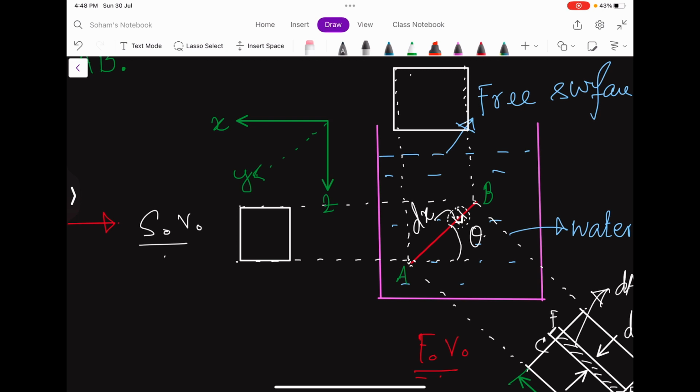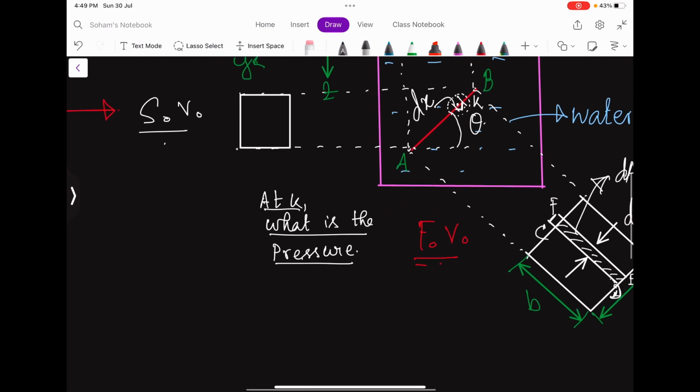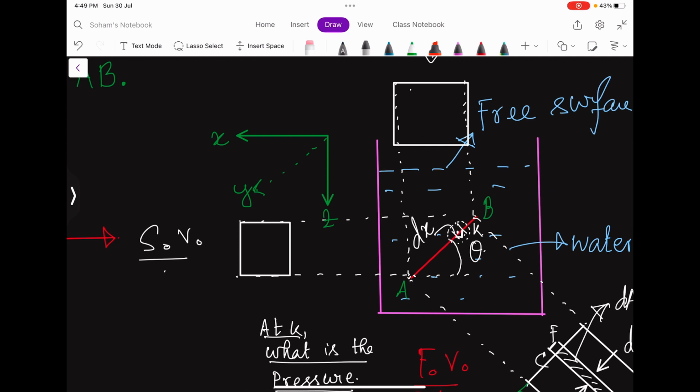At this point, let us say K, what is the pressure at K? Here I have air, above the water level I have air.